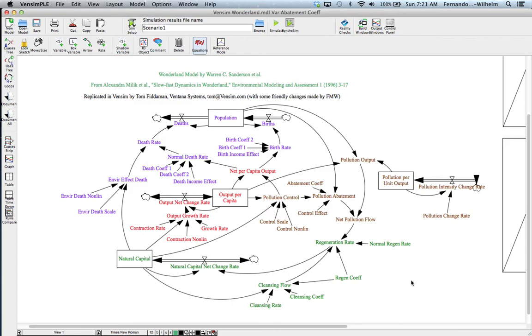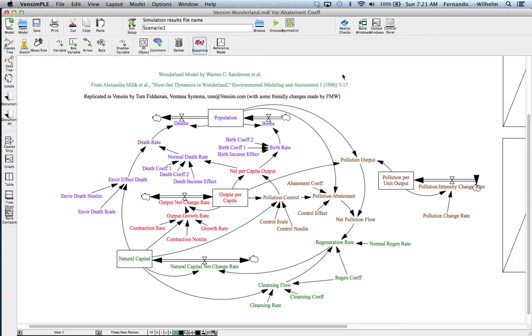This model is fairly interesting, and I highly recommend that you go through the model in a lot of detail and understand how the variables connect. From a model structuring point of view, I enjoyed looking at this model.